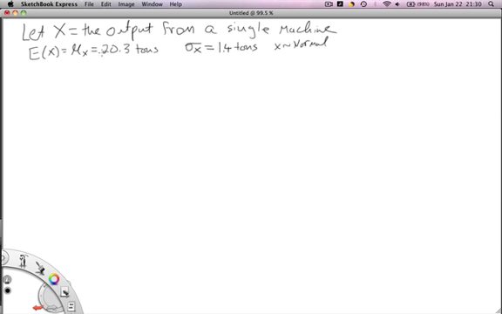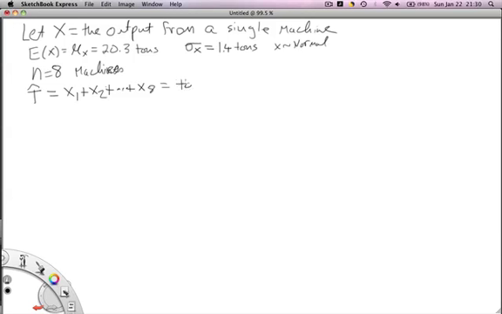So we have an n of 8, pardon me, 8 machines. And we're going to define a new random variable, which is t hat. So t hat will be the amount that we produce from the first machine plus the amount that we produce from the second machine plus all the way through, those are dots in here, the amount that we produce from machine 8.